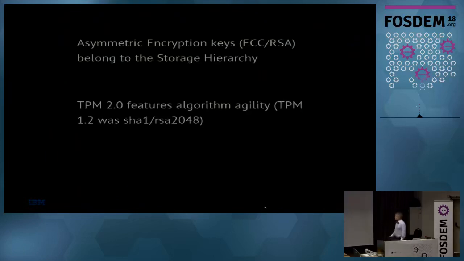TPM 1.2 was restricted to SHA-1 and RSA 2048. And since SHA-1 is now a suspect hashing algorithm, it makes TPM 1.2 not very useful for most of the identity stuff we're doing because everybody is now mandating SHA-256. So the days of actually using TPM 1.2 for security are numbered.